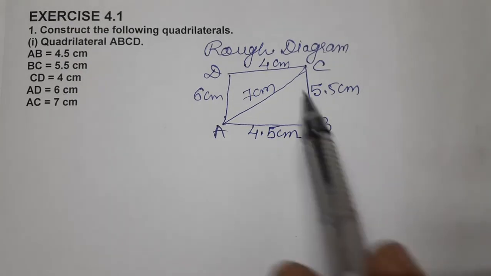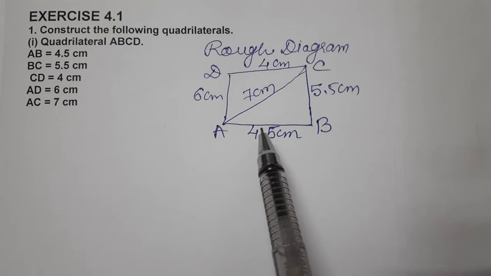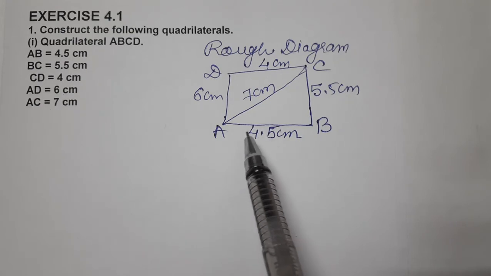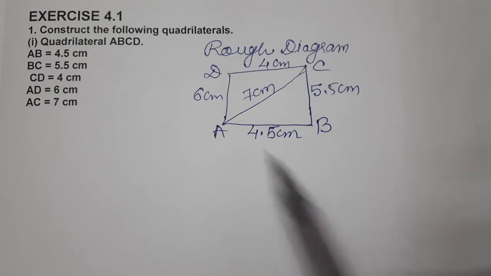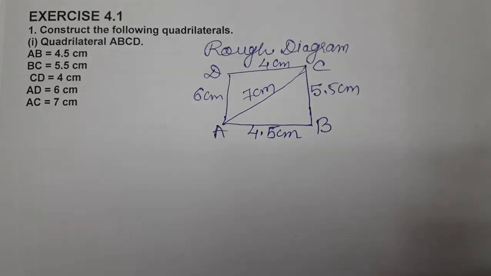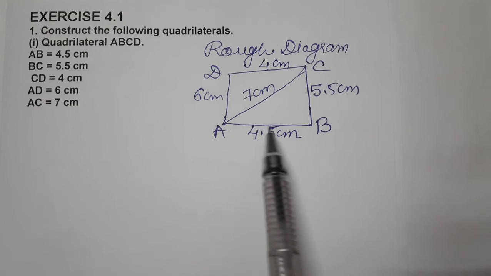Now with the help of this diagram, we are going to construct step by step. So listen children carefully how we are constructing. First, we have to draw AB 4.5.